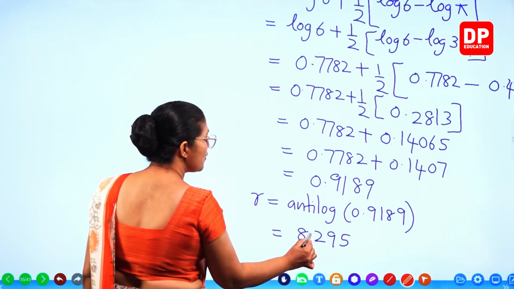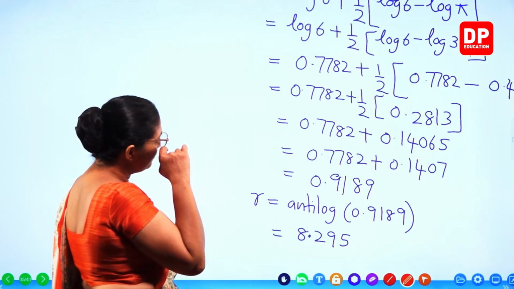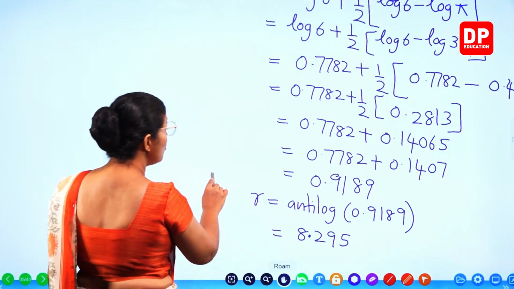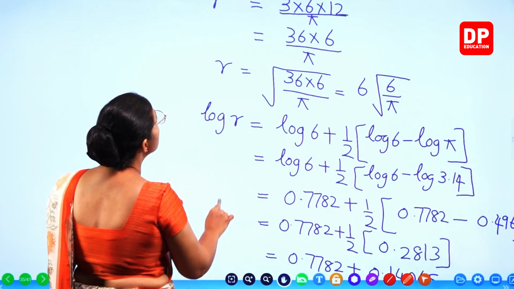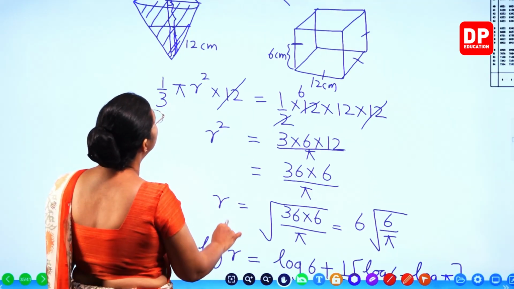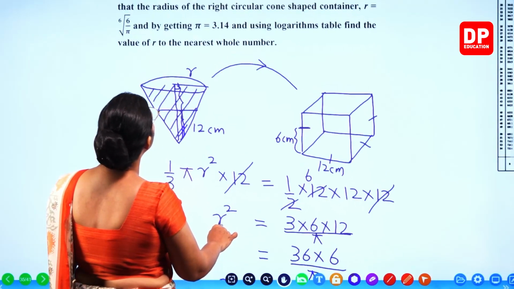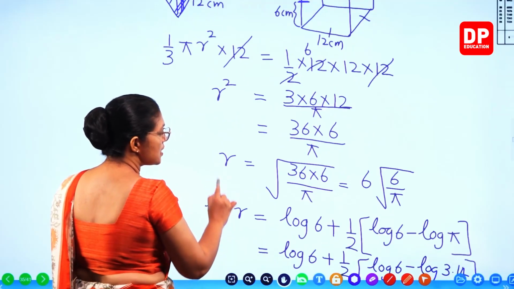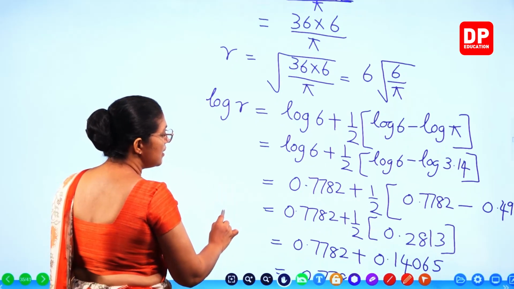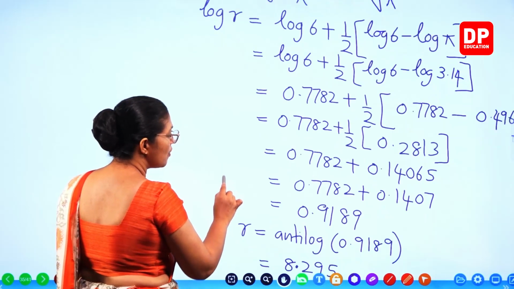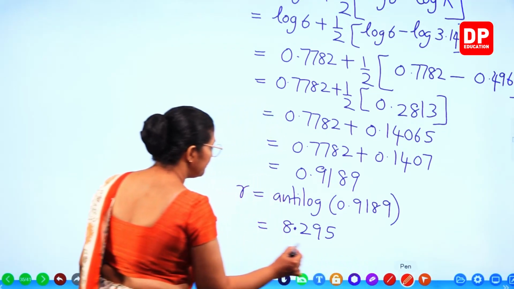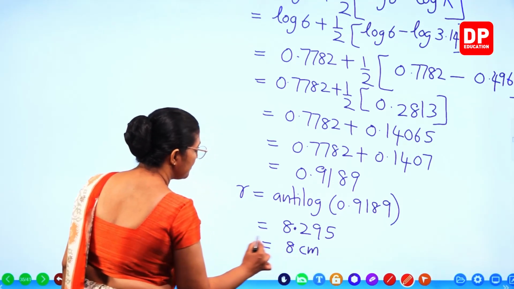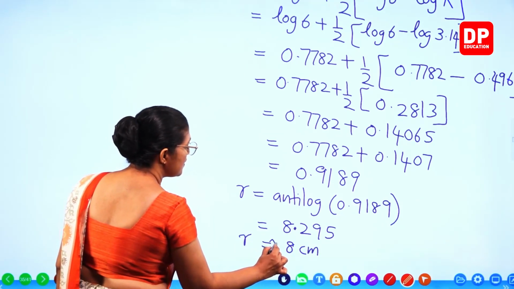And the characteristic 0 means the decimal point should be here. So you are asked to round it to the nearest whole number. And this is in centimeters. What's the final answer? The radius of the cone is 8 centimeters. This is the rounded value.